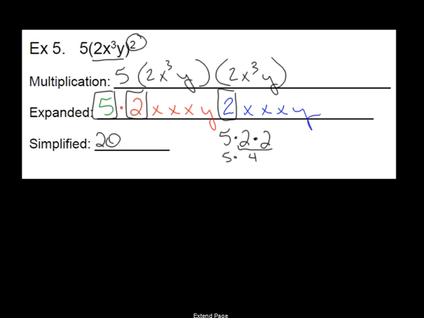I now gather up all my x's. There's 1, 2, 3, 4, 5, and 6. So I have x to the 6th power.